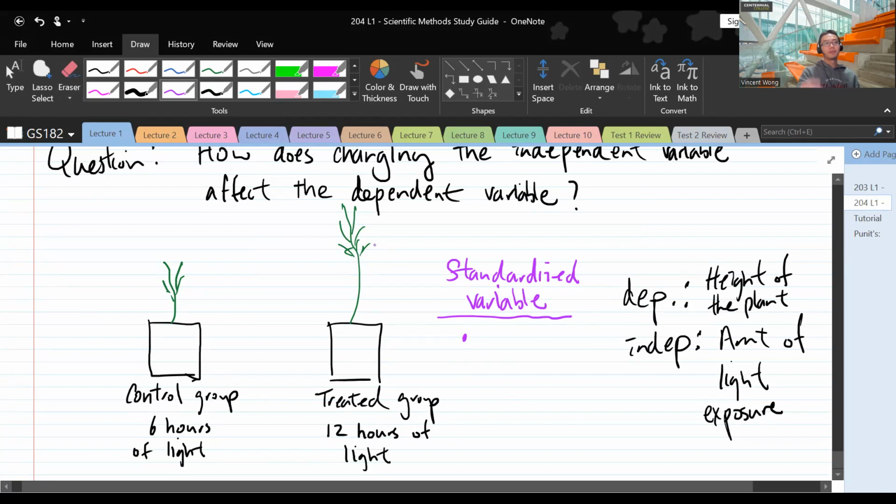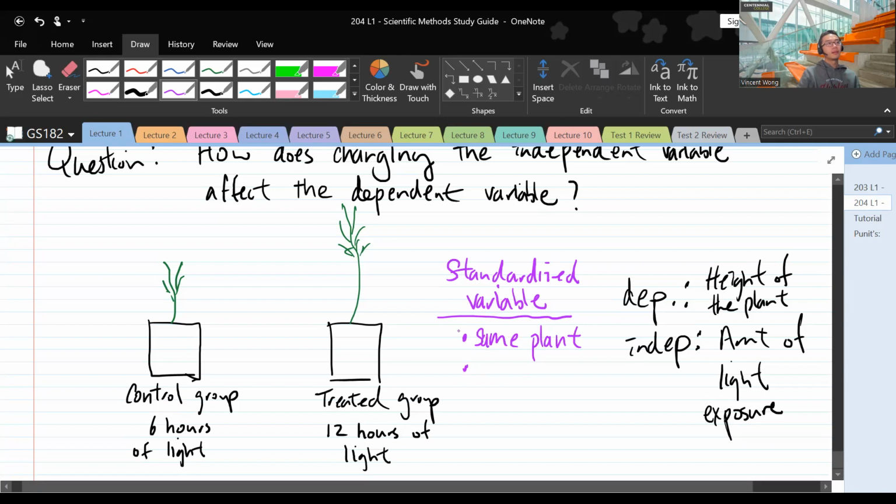Go ahead, Victoria. It must be the same plant. That's right, it must be the same plant. You can't do lettuce versus spinach, okay? It's the same plant.